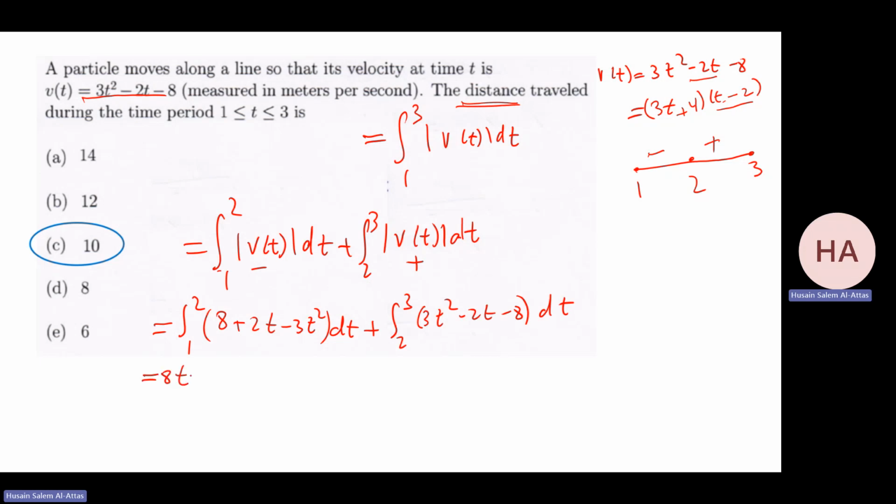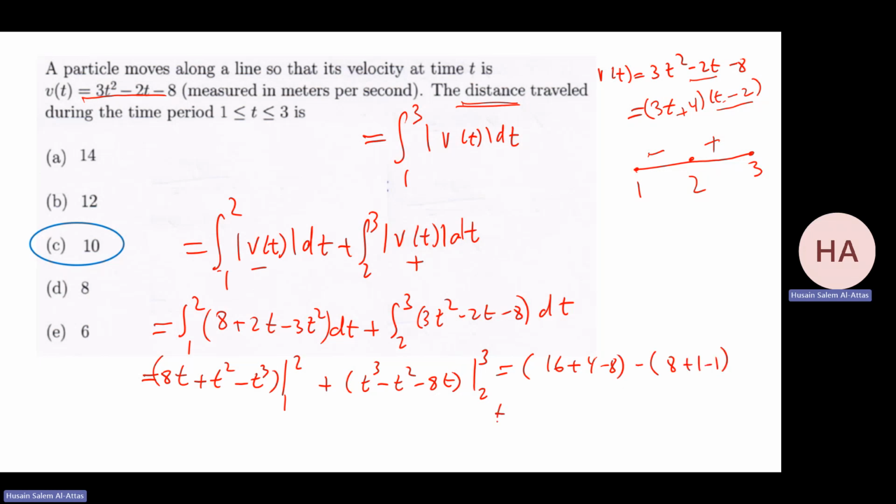Integrate, that will be 8t plus t squared minus t cubed, from 1 to 2. And I have t cubed minus t squared minus 8t from 2 to 3. Yeah, no calculation. 16 plus 4 minus 8 minus 1, 8 plus 1 minus 1 plus, this is 27 minus 9 minus 24 minus 8 minus 4 minus 16.